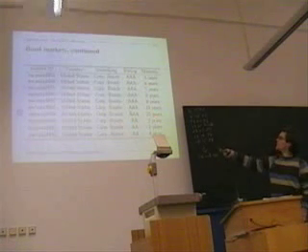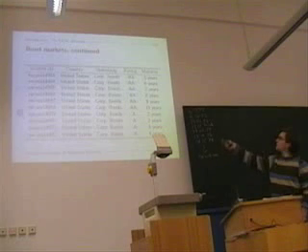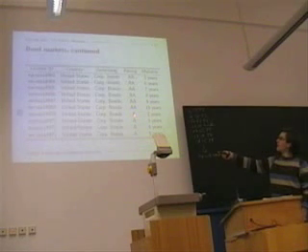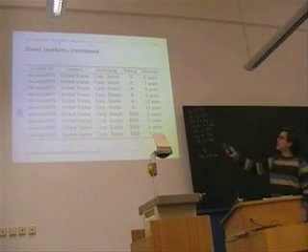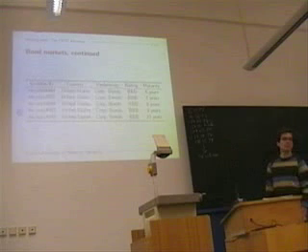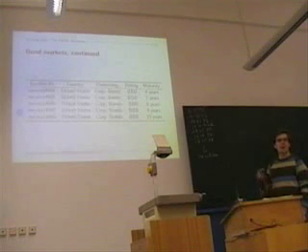AAA for different maturities, AA different maturities, even lower ratings, just 1A, different maturities, and finally the BBB, also for different maturities. That's the bond market data we've analyzed.